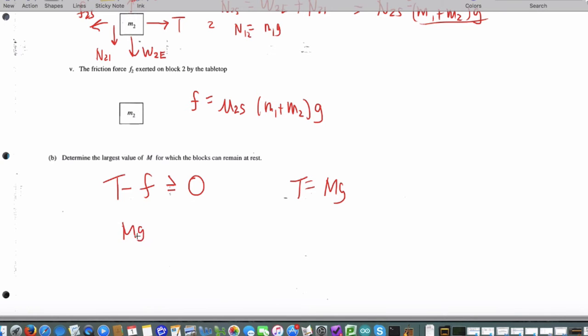So we're going to have Mg minus F is greater than or equal to 0. So Mg is greater than or equal to the friction force. I'm just substituting here, and then the friction force is this here. So we need M to be bigger than mu 2 static times (M1 plus M2) times g, or the blocks are not going to move.